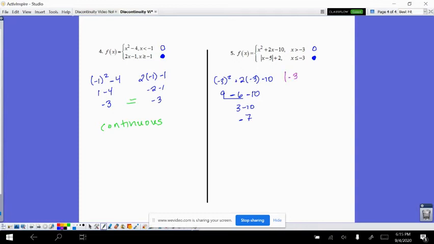We're going to do the operations inside first. We get +8 plus 2, giving us 10. So if we were tracing this graph, we'd have to jump up from -7 to 10. Those are not equal. So we have a jump discontinuity at that transition point of x equals -3.